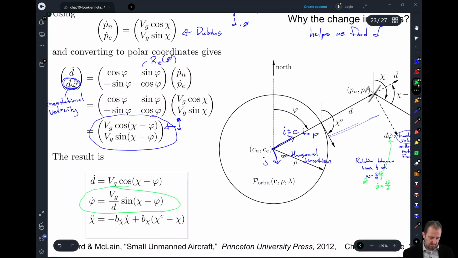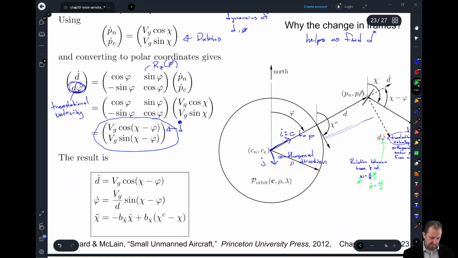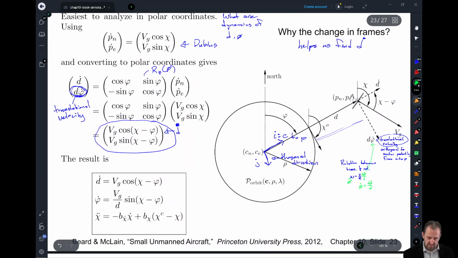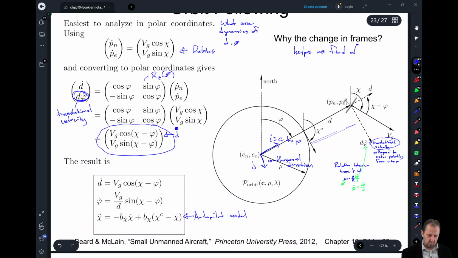Okay, so we have d dot and phi dot, and as always, we have our autopilot model. Given a course angle command, how is it going to respond? Okay, so we know how we're moving.